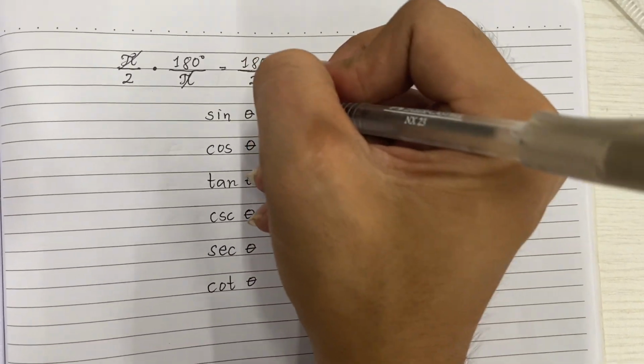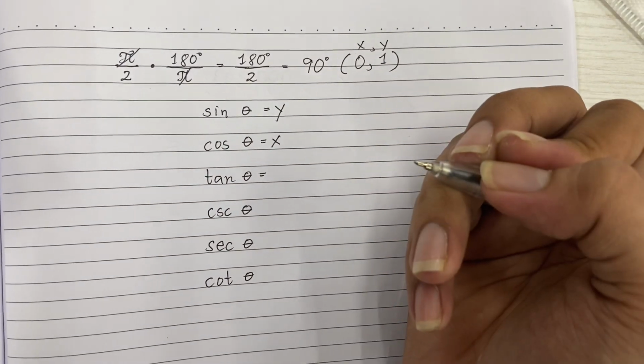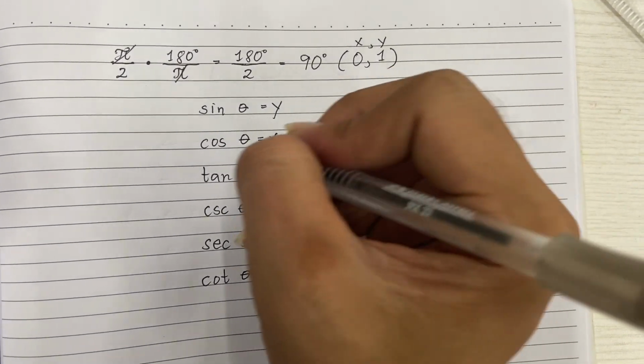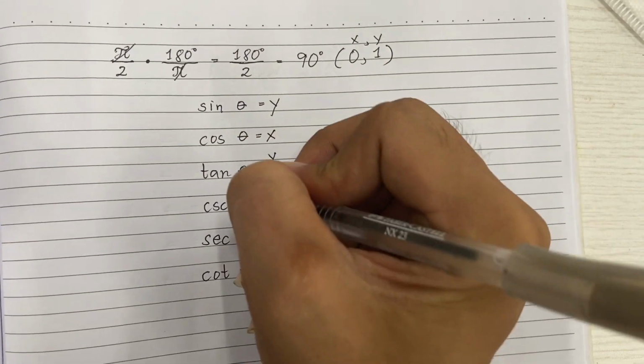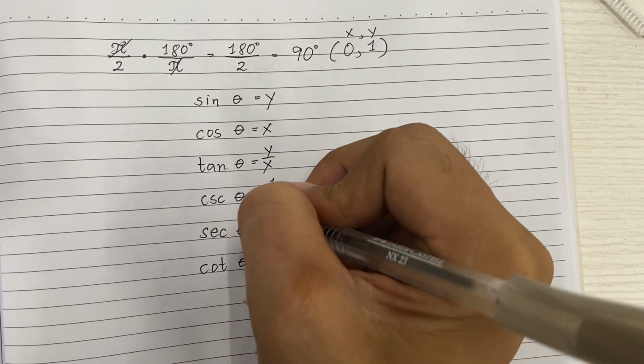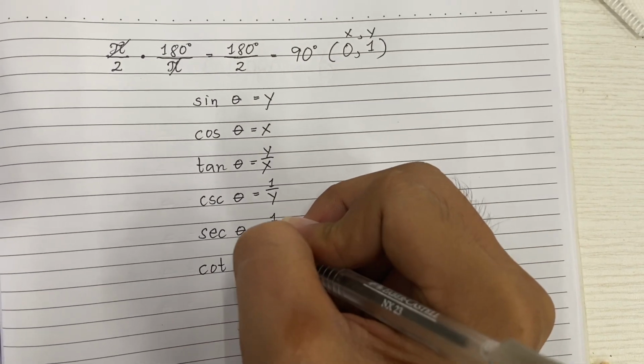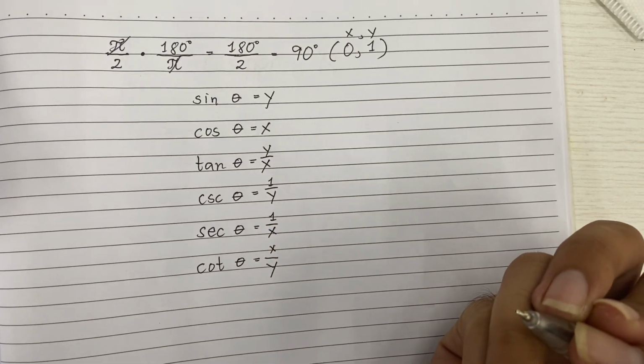So sine theta is equal to y, cosine theta is x, tangent theta is equal to y over x, cosecant theta is equal to 1 over y, secant theta is equal to 1 over x, and cotangent theta is equal to x over y.